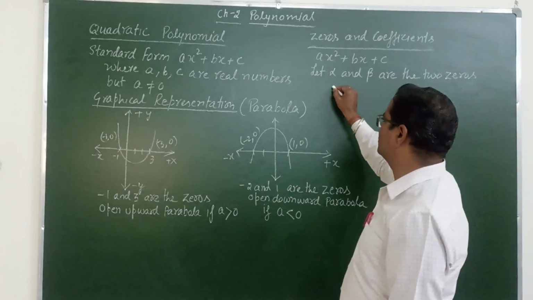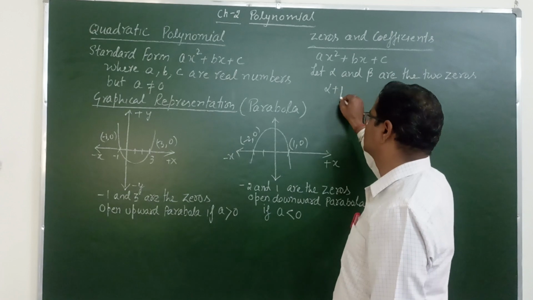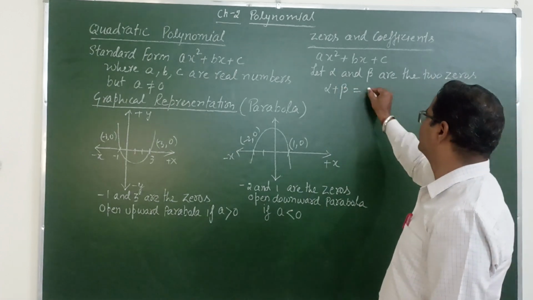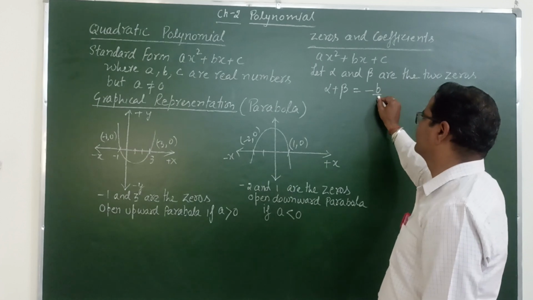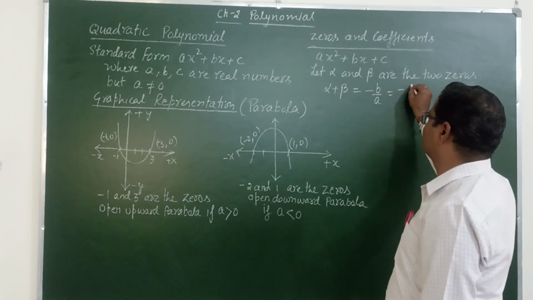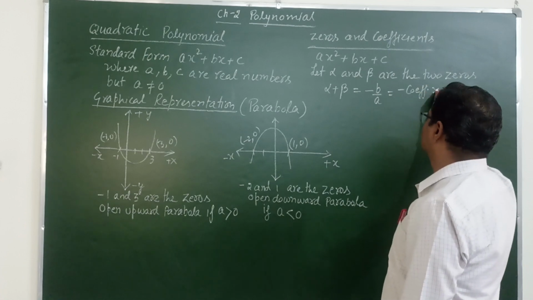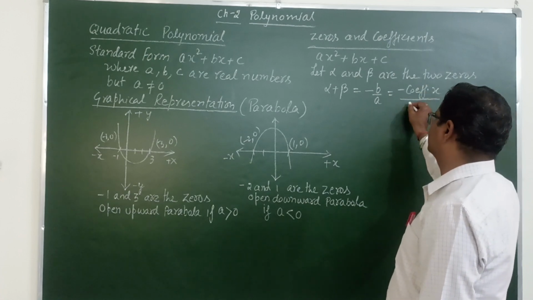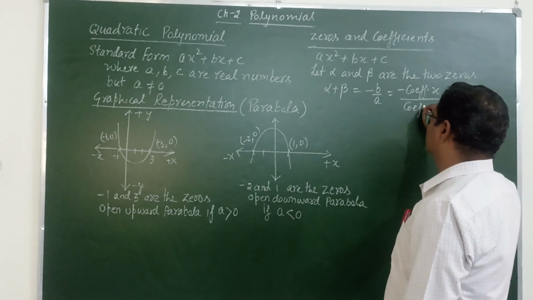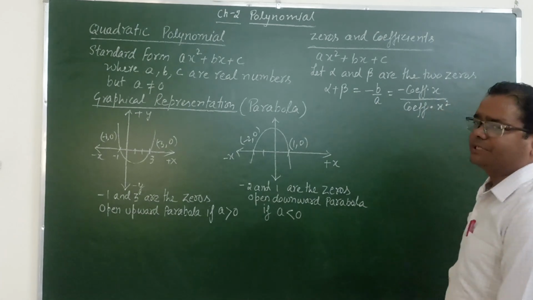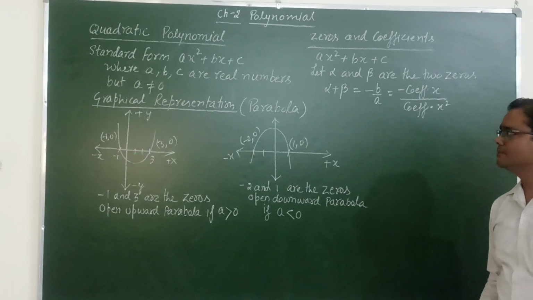So when we add these zeros, alpha plus beta, it becomes minus b upon a, meaning minus coefficient of x upon coefficient of x square. So this is the relationship between coefficients and the zeros.